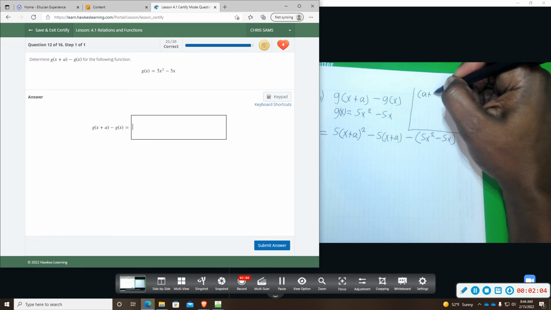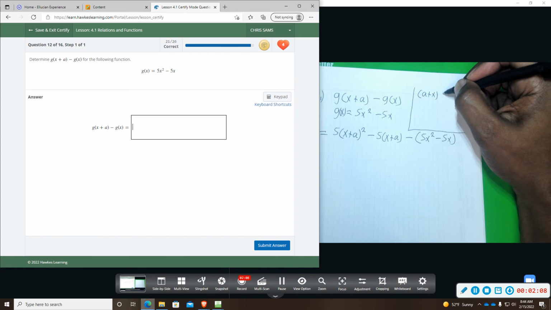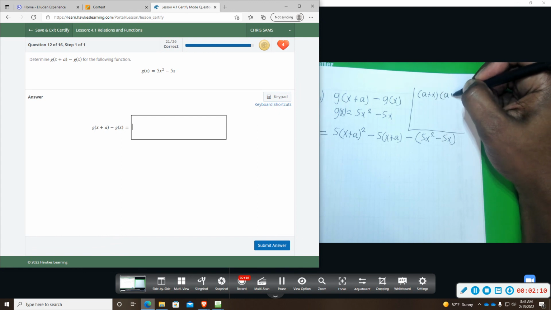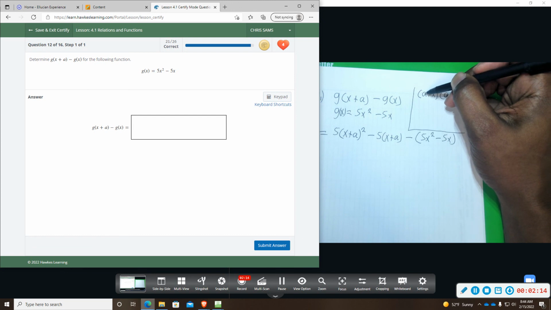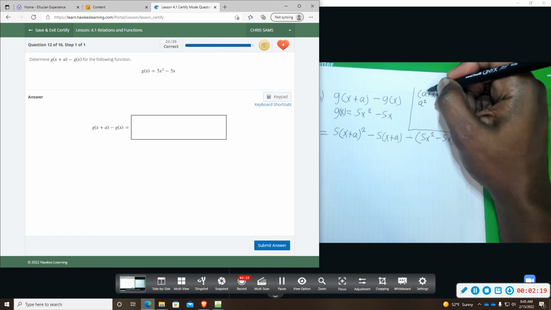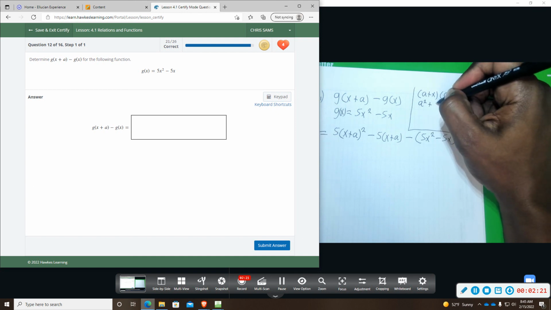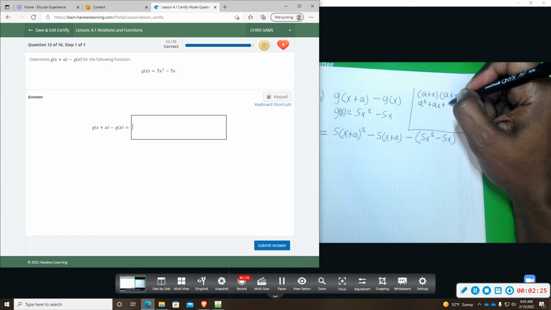x plus a, I wrote it backwards, a plus x, same thing, and then a plus x again, and then I'm just going to FOIL. A times a is a squared, a times x, positive ax, x times a, another positive ax. It doesn't matter the order I put these in.